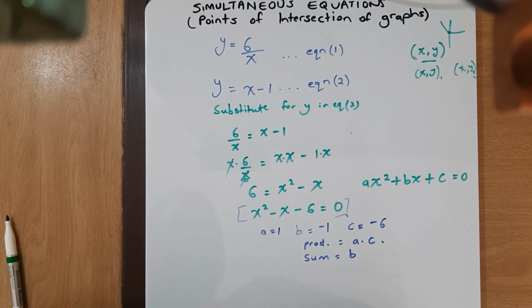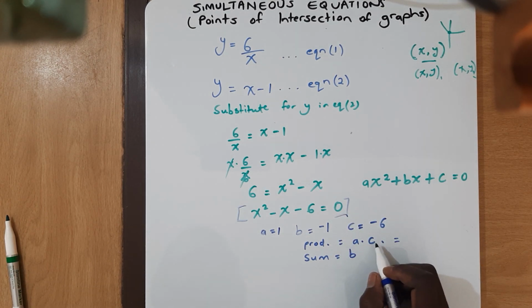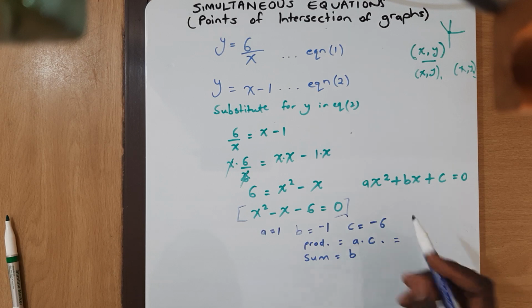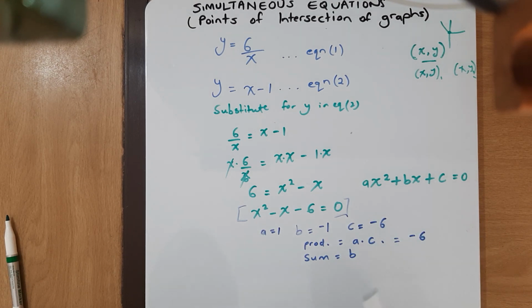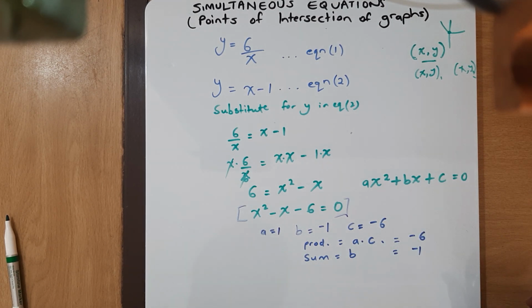Do you recall that? So, what numbers do you think those are? Because the product a times c is 1 times minus 6, which is minus 6, and the sum b is minus 1. So which two values?